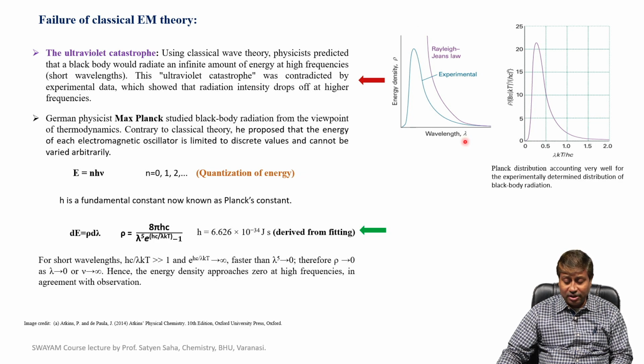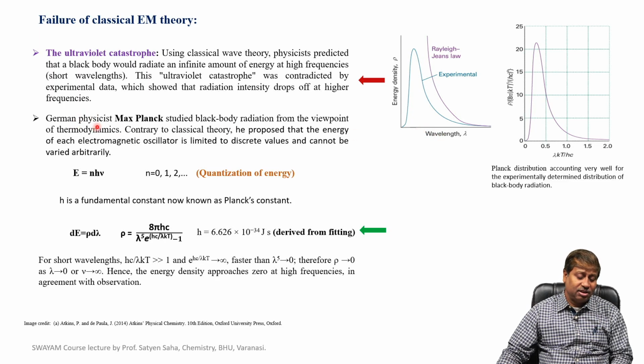But when you do the experiment, you see this bluish color curve. It goes up and then again decreases. That means whatever the Rayleigh-Jeans law predicts, that UV catastrophe, is actually not true. Experimental observation says that it will decrease after a certain wavelength.